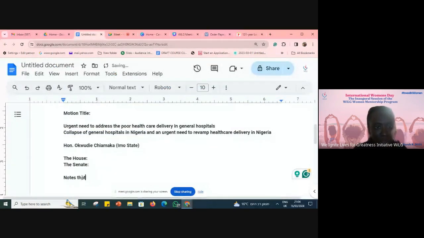Note that the general hospitals in Nigeria are meant to provide universal basic.